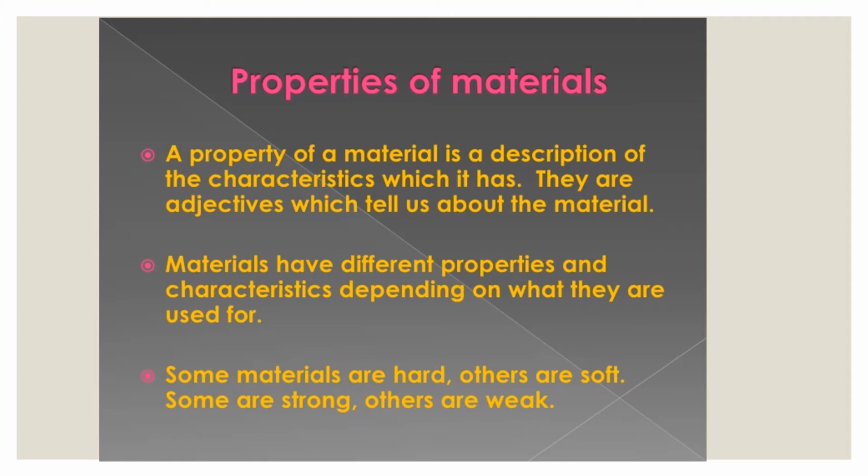And third, some materials are hard, others are soft, some are strong, others are weak. So in properties we'll discuss this also. As you have seen, different characteristics define different materials, so every material has different characteristics.